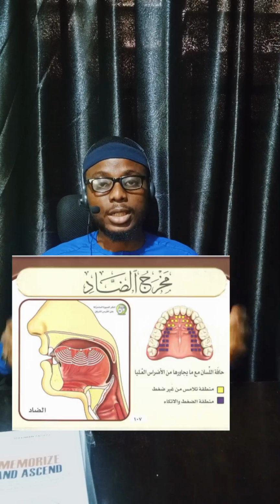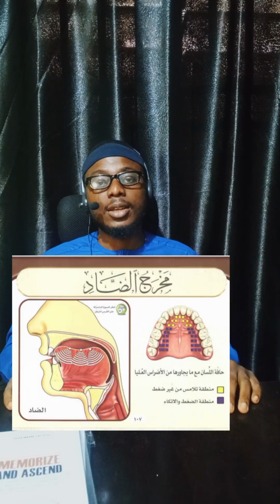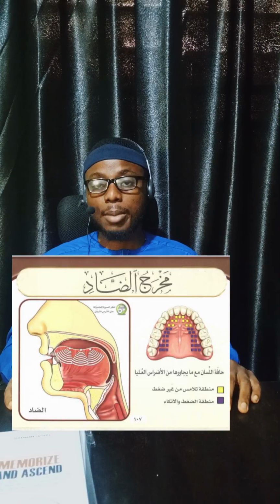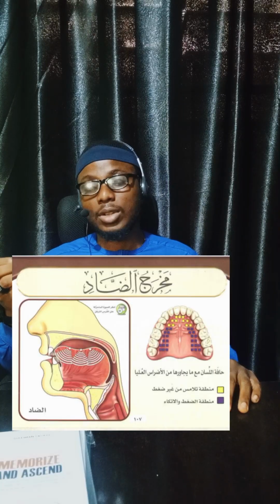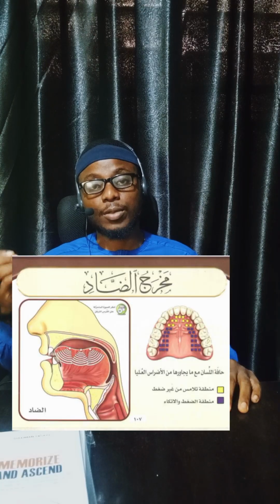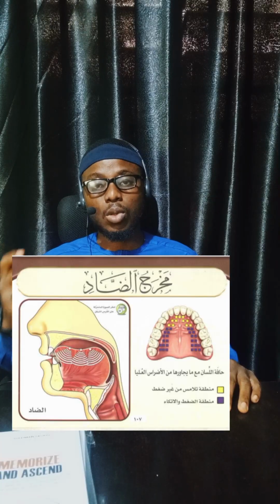So today we are going to move to the next part of the tongue. I've already told you that most of the letters actually come out through the tongue and some other things that assist it. The letter we're going to be taking today is the letter Dod. Actually, Arabic as a language is referred to as Lughatu Dod, the language of Dod, because this letter is very rare for you to see or hear in another language.